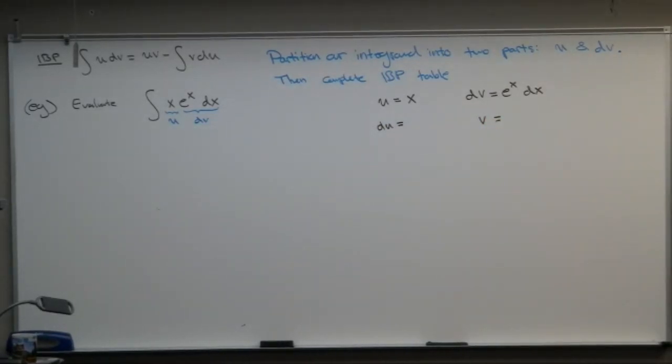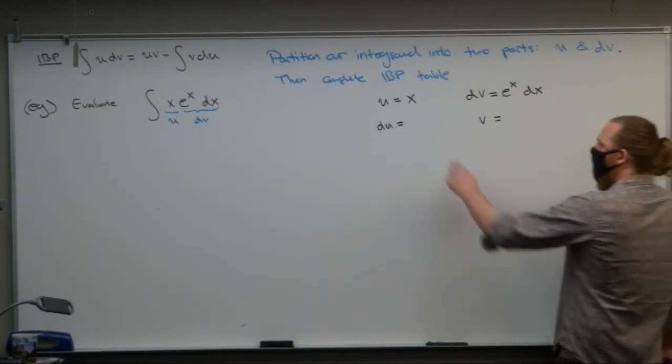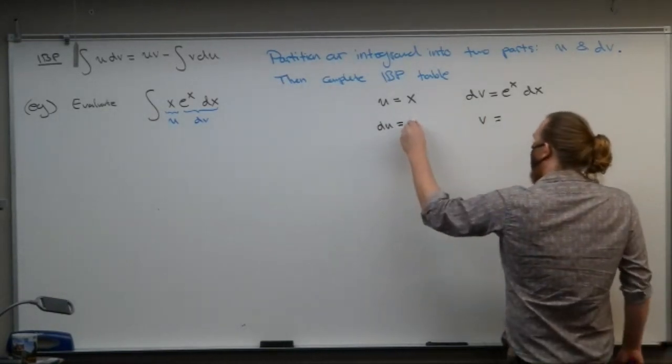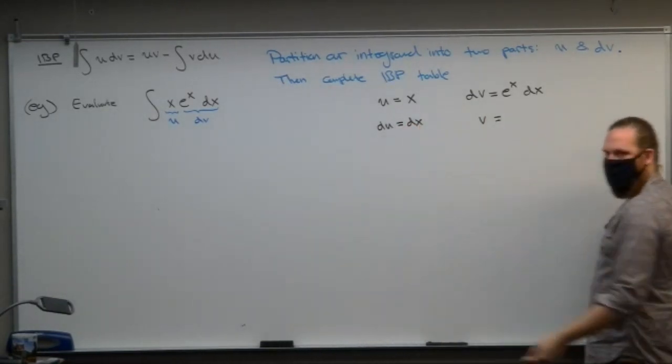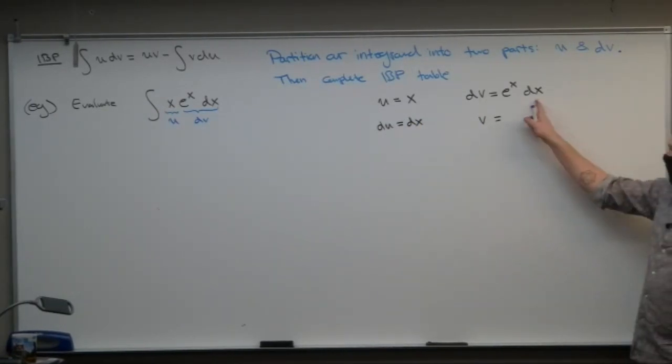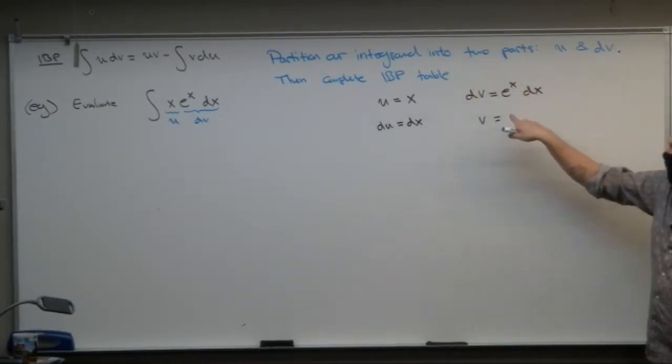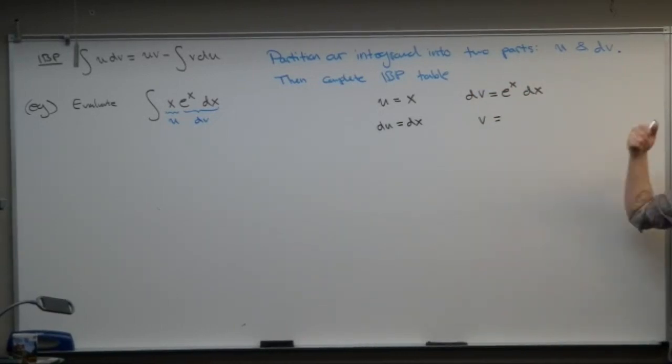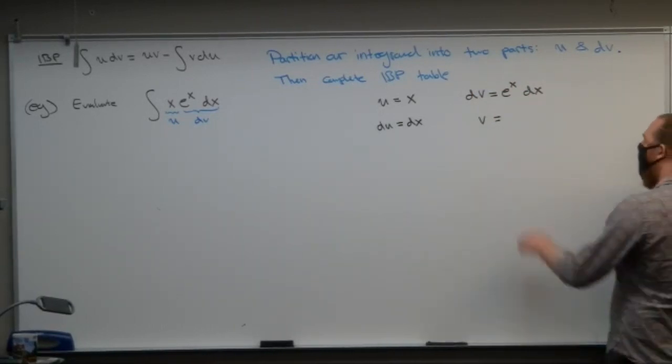So you start by selecting u and dv. You write those down in this table, and then from each you compute du. If u is equal to x, then du is equal to dx. That part, taking differentials, is the same as you do in a u sub. If dv is e to the x dx, you integrate on both sides to get v. Right? Integrate dv to get v, just like in the volume problems.